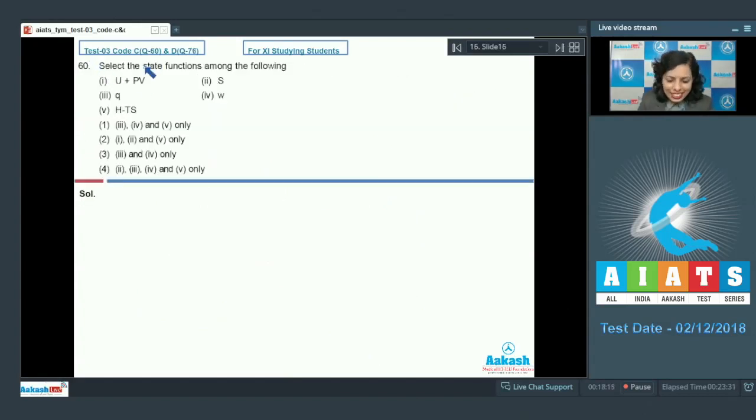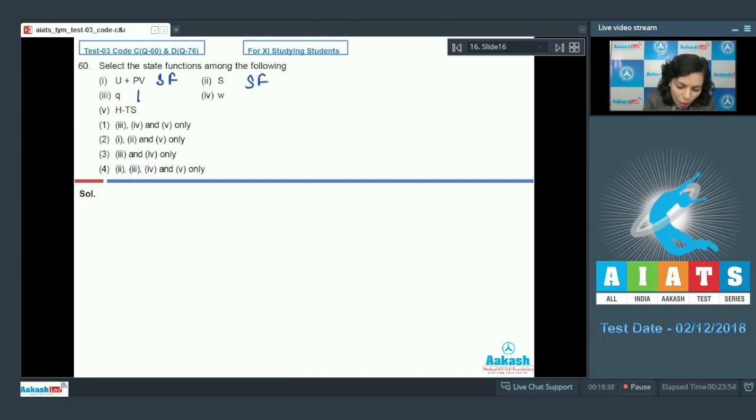Question number 60. Select the state functions among the following. We have the first U plus PV, then entropy, Q heat, W work done, then H minus TS. So in this case, you should know that when we talk about U plus PV, it is a state function. I'm just writing here SF for state function. Entropy, this is also a state function.